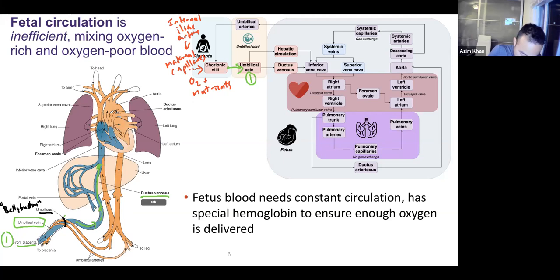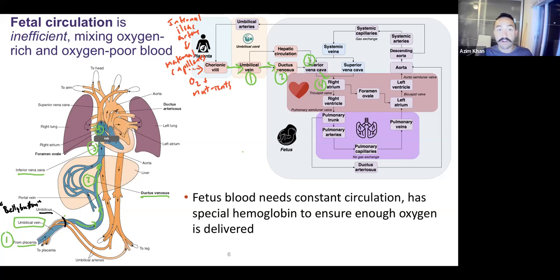So I'm going to put that as step two. In our diagram up here, we could go to hepatic circulation of the liver, or we can bypass at the ductus venosus. Either way, we make it to the inferior vena cava. There's step three. From the inferior vena cava, we get to the right atrium, step four.